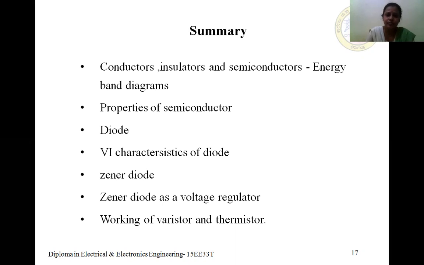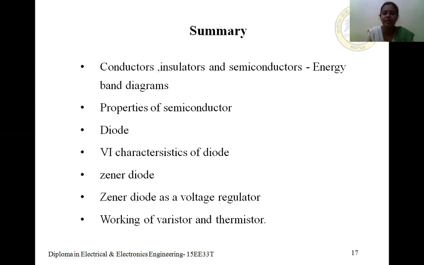After this, we saw the intrinsic and extrinsic semiconductors. Intrinsic semiconductors are the pure semiconductors, for example silicon and germanium. Adding some impurities to a pure semiconductor gives an extrinsic semiconductor.